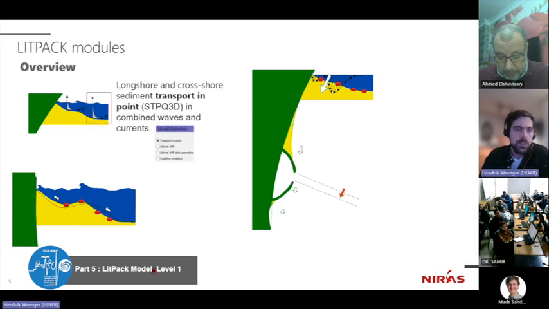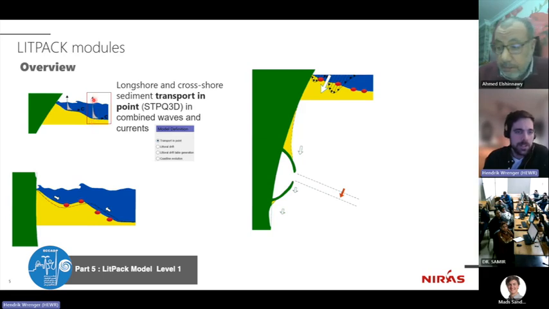So we have one key component, the longshore and cross-shore sediment transport in a point, the STPQ3D, what was it again, semi three-dimensional transport in combined waves and currents.